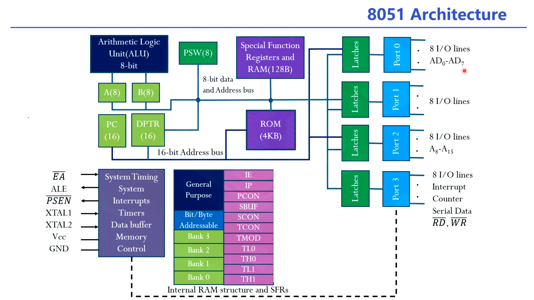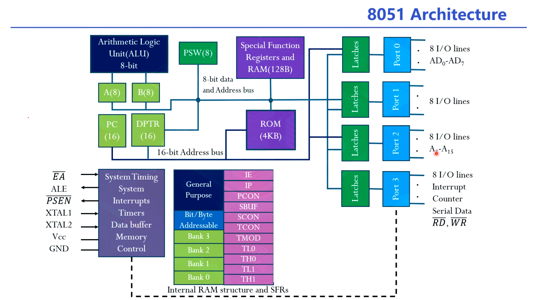One more thing, we can use port 0 also for addressing and data purposes. AD0 to AD7, right? A represents the address, D represents the data. We can use port 0 as the address as well as data, depending on the requirement. One most important thing, port 2 is also used for input output lines, but this is also used for the addressing purpose.